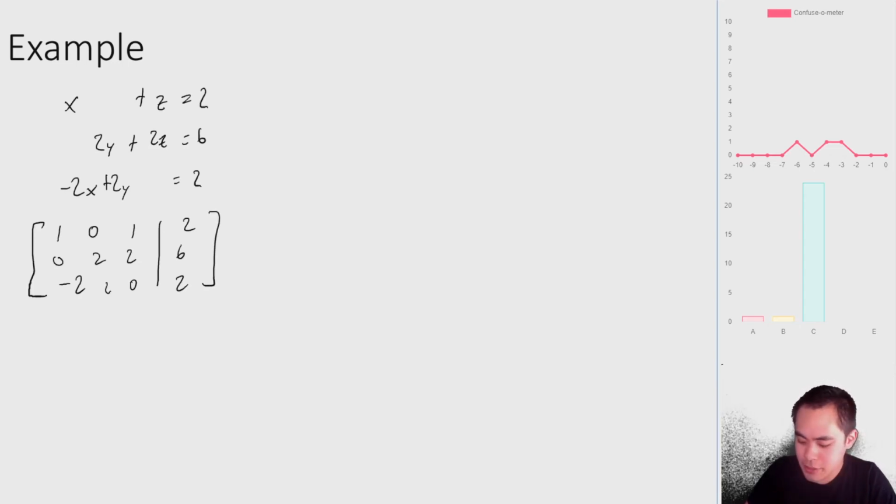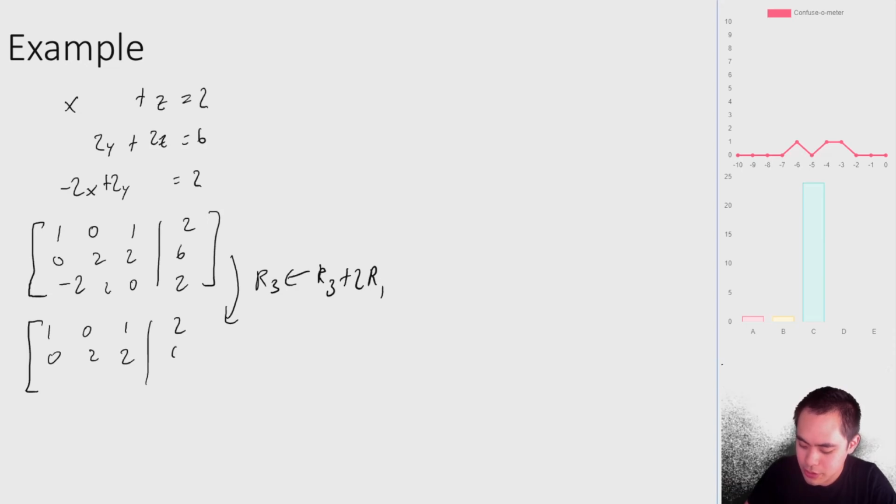We can convert this by taking row 3 to be row 3 plus 2 times row 1. That's going to give you 1, 0, 1, 2. You didn't touch that one. 0, 2, 2, 6. We didn't touch that one. And you end up with 0, 2, 2, 6 in the third row when you do this.